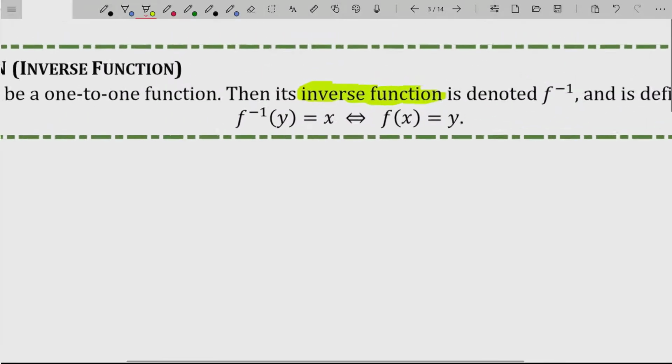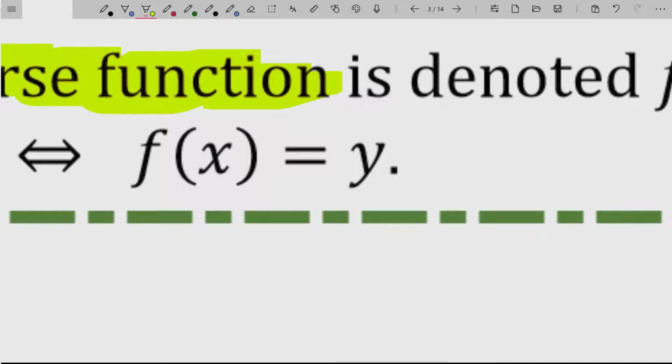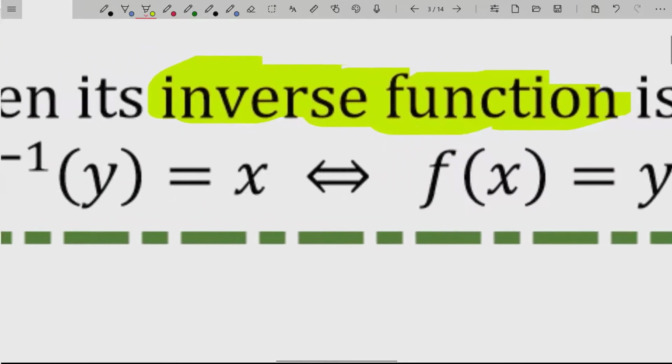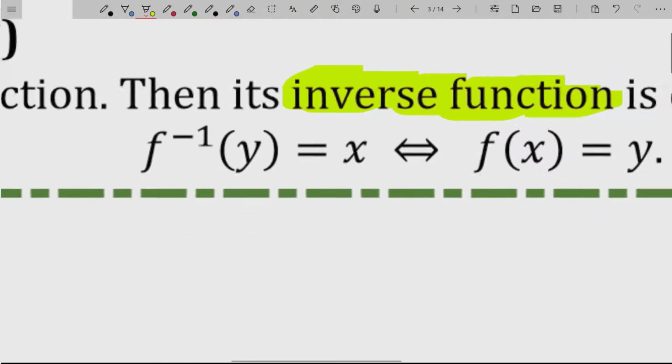I'll talk about that notation in a moment, but I'll say it this way. If you know that f of x is equal to y, then it is the case that we will use the notation f inverse of y is equal to x. That's if the function f is one-to-one.